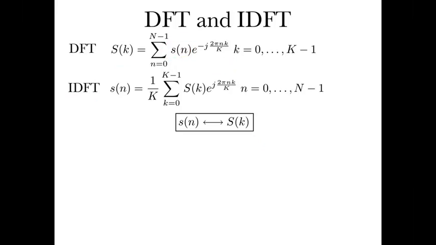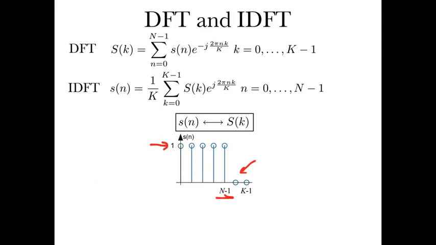Let's see how this works for an example. So I want to be clear about the padding because this is an important concept. So here's a constant signal. So capital N here is 5, and the signal is just equal to 1 for all 5 samples. I've extended it with 2 zeros, so making the transform length now 7.